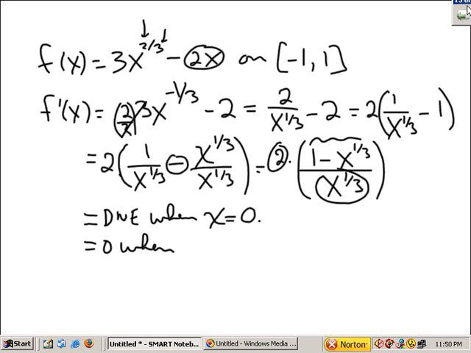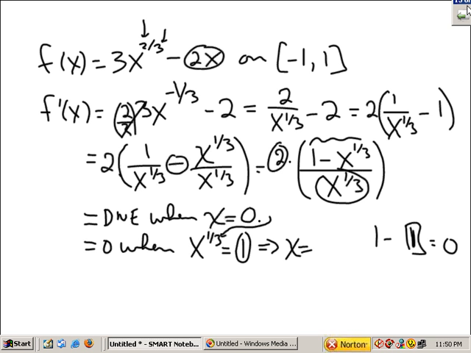So when will this be 0? 1 minus an unknown is 0. That unknown must be 1. That is, x to the 1/3 must be 1. What number or numbers, if any, when you raise it to the 1/3, gives you 1? And the answer is 1. X is 1.